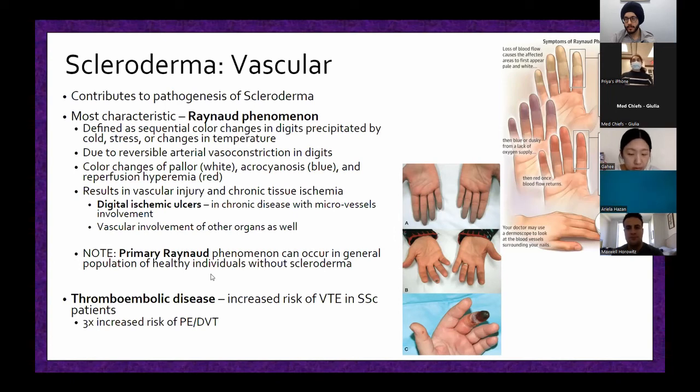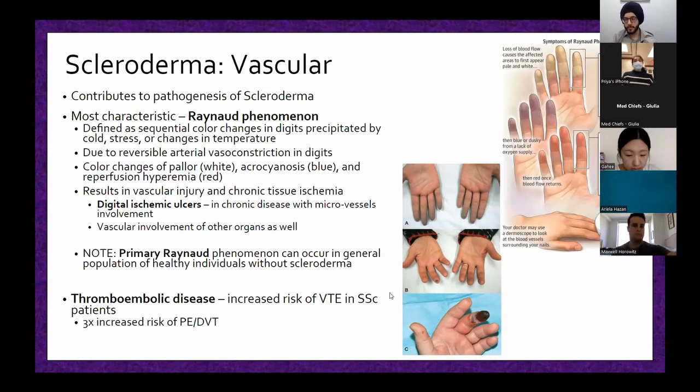So it doesn't automatically mean they have scleroderma per se, but it is an important thing to ask and an important thing to monitor because of this progression that we don't want to see in the most severe cases of digital ischemic ulcers.